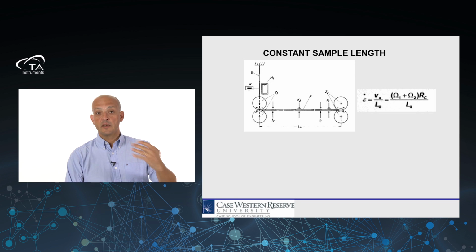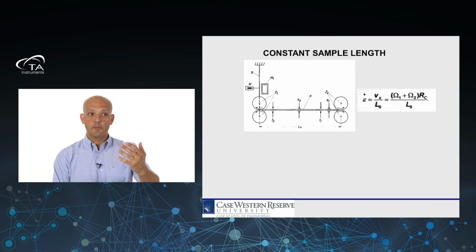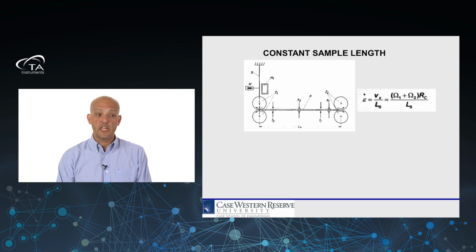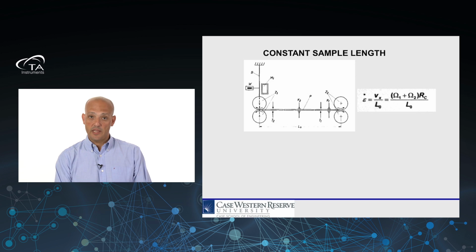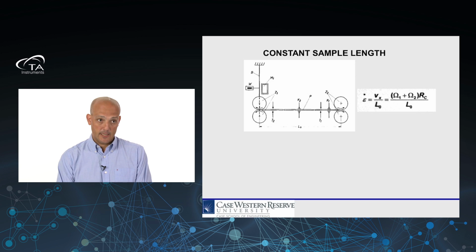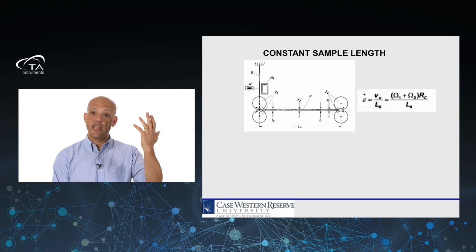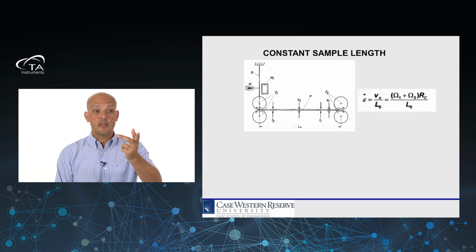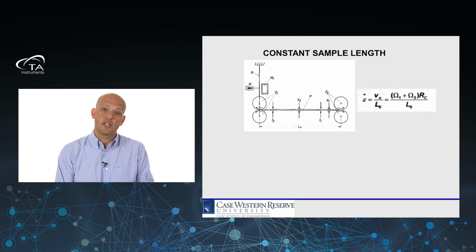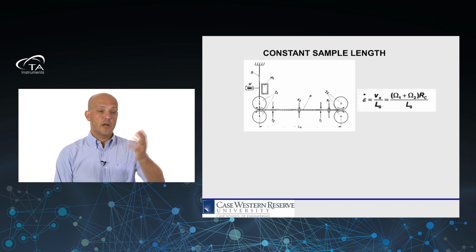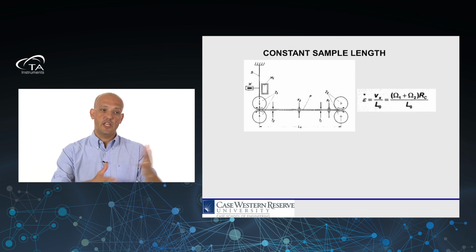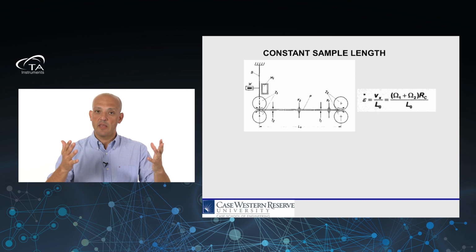We can define the strain rate very simply by the linear velocity divided by the length of the sample. Now this length is constant, which is great, and to have a constant strain rate, all we need to do is have a constant linear velocity as well. So we have the angular velocity at each set of rollers. Typically, they're the same.